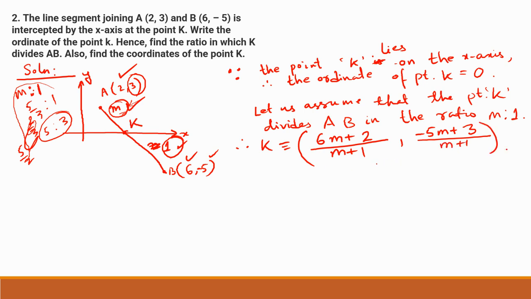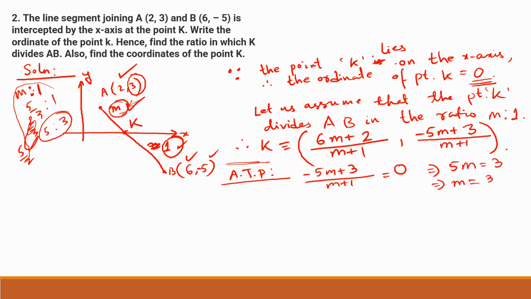So you got the coordinates of K. Now we already know the ordinate of K is 0, because it lies on the x-axis. So you can form an equation according to the problem. In the exam, write the entire thing according to the problem. So this should be (5m plus 3) divided by (m plus 1) equals 0, which gives 5m plus 3 equals 0, which implies m should be minus 3 by 5.